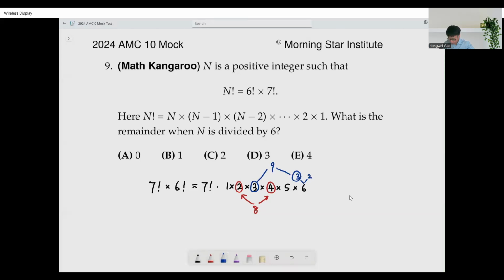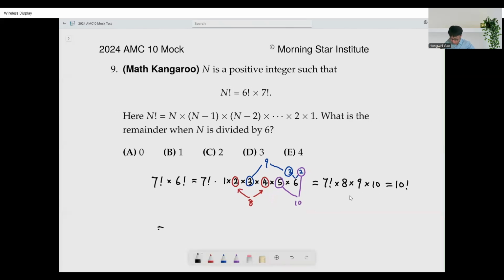And finally, we have the numbers 5 and 2 left. They basically give us 10. So in this way, 7 factorial times 6 factorial equals 7 factorial times 8, 9, and 10, which is exactly 10 factorial. So in other words, we know that the number n is equal to 10.